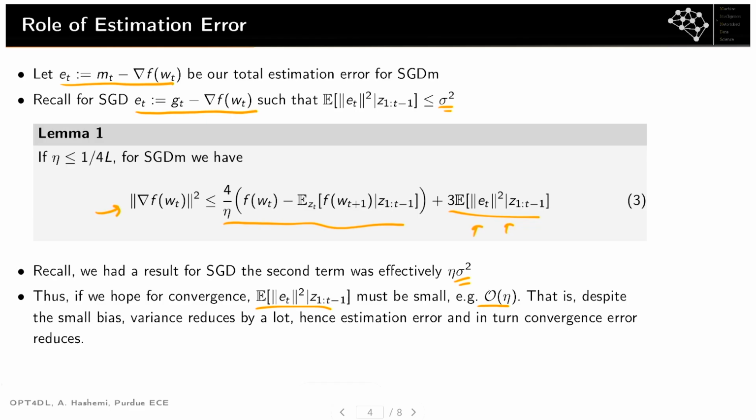Given the form of the update, it is reduced by itself. Hence, the estimation error is small, and as a result, the convergence error is also small. So this is what we want to see: whether this term is actually small or not. How does the error evolve over time?